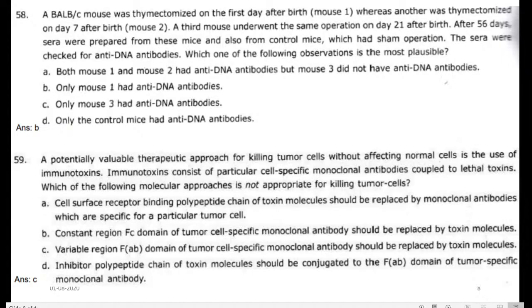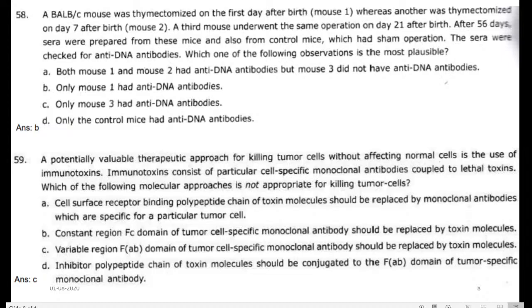Next concept: a potentially valuable therapeutic approach for killing tumor cells without affecting normal cells is the use of immunotoxins. This question is a repeating one, and they asked it repeatedly. The antibody carries the FAB region, which is not replaceable.